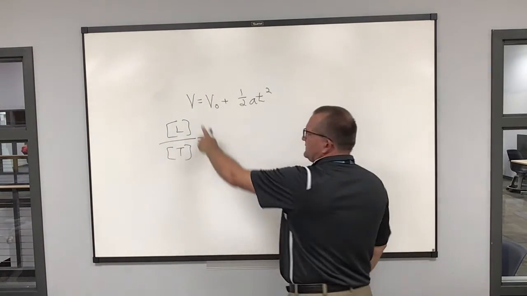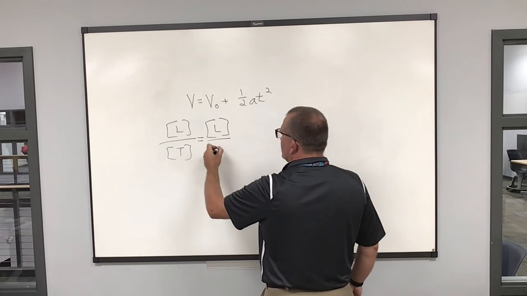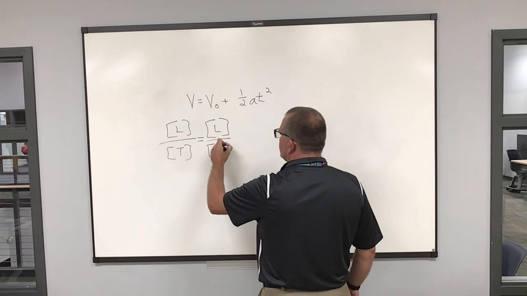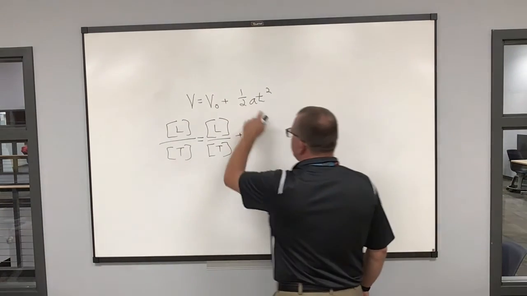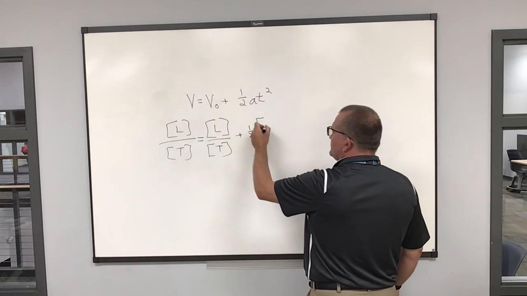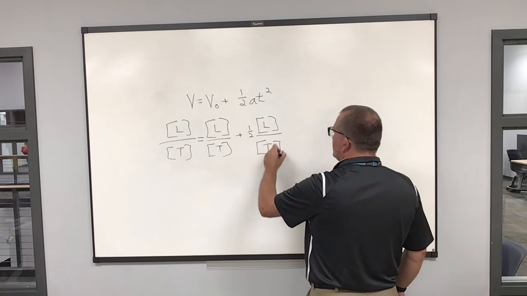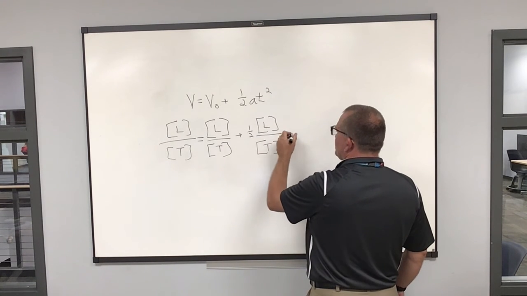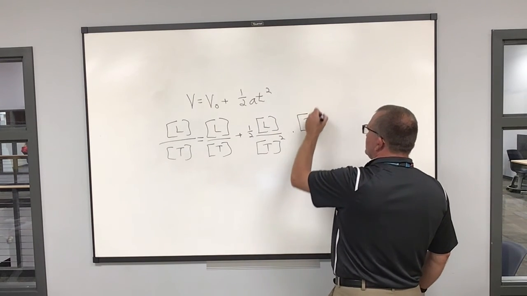V0 is initial velocity, so velocity units are length over time. The 1/2 is really irrelevant, but I'll put it in there. Acceleration, as you've read, is length over time squared, and we're multiplying this by t squared.